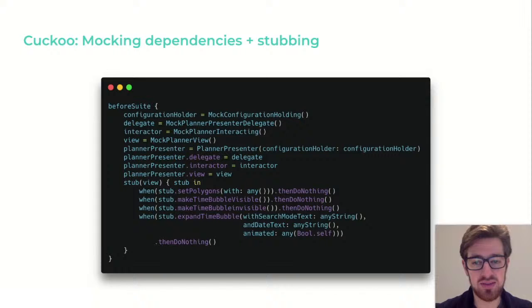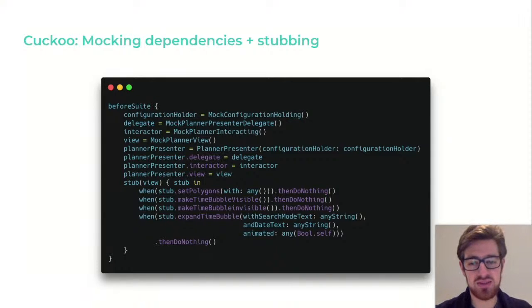And then we can stub, for example, our view. That's a mock, so we can stub functions on it, and we can say how these fake functions should behave. So for example, we're saying whenever set polygons is called on the view with any, so with anything being passed into that function, then do nothing.